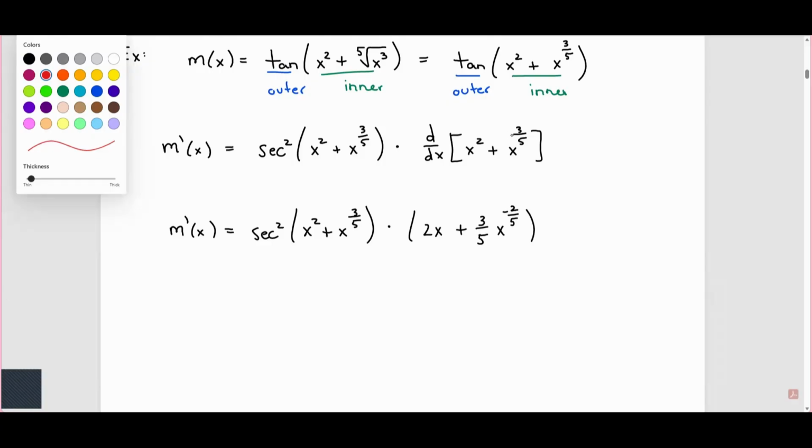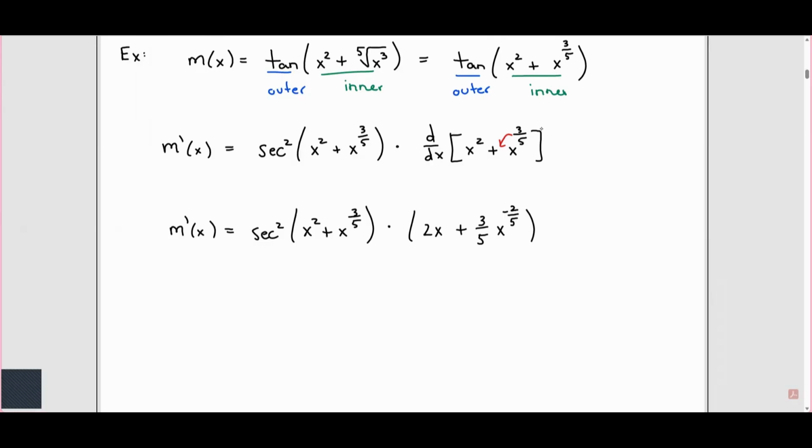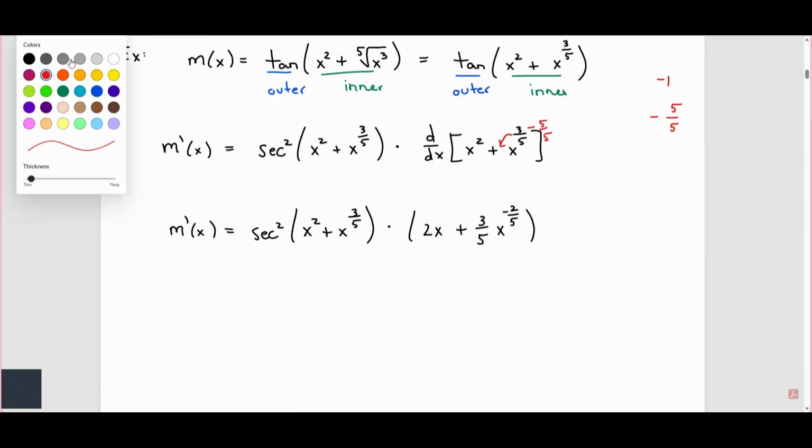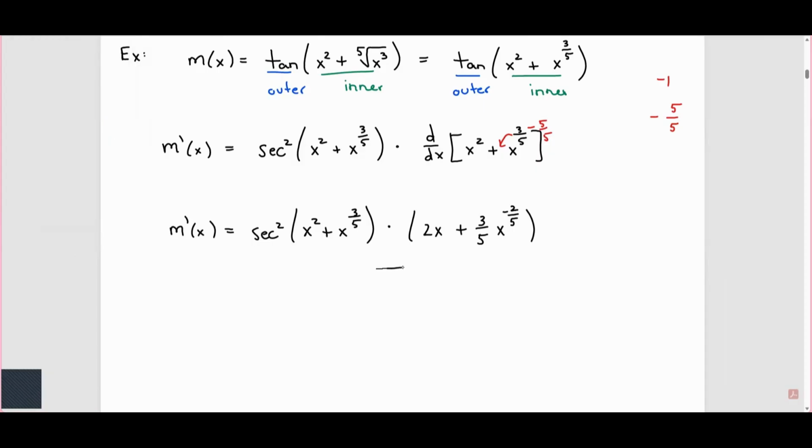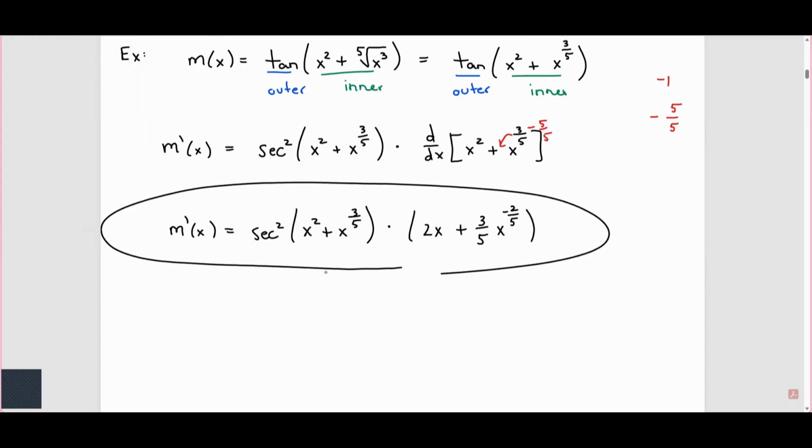If I want to bring this down and then subtract 1, instead of subtracting 1 from the fraction, like just writing down -1, instead, make sure you use the same denominator and just put it over itself. So I'm going to subtract 5 over 5 instead, and then I easily got -2 over 5. And hopefully now you'll never struggle with that again. And there's our derivative using the chain rule.